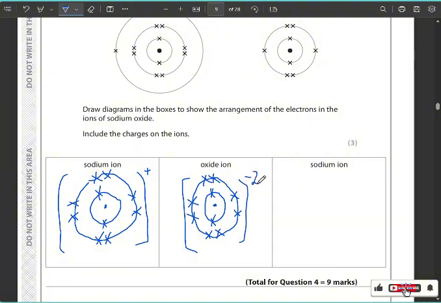Minus 2 charge because it takes 2 electrons, it gains electrons.